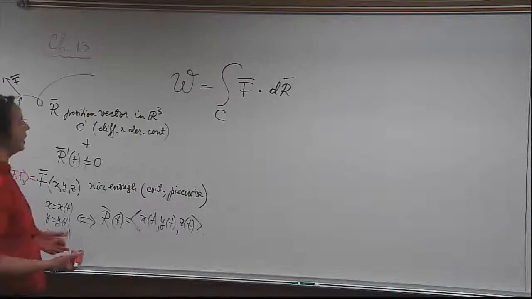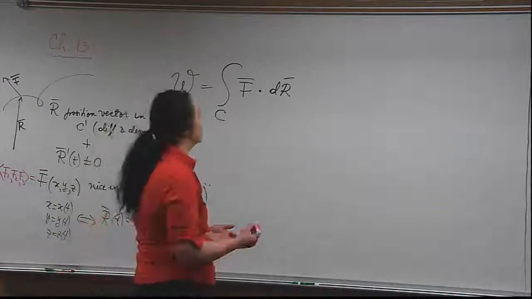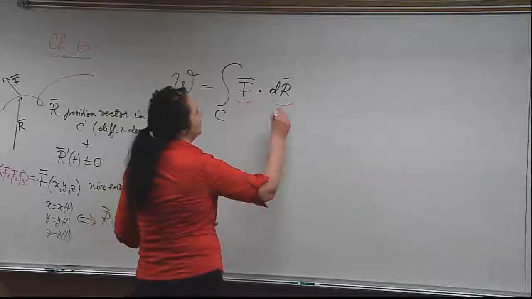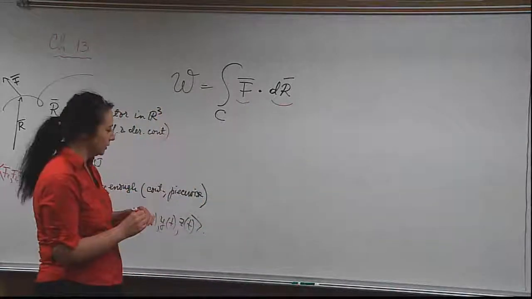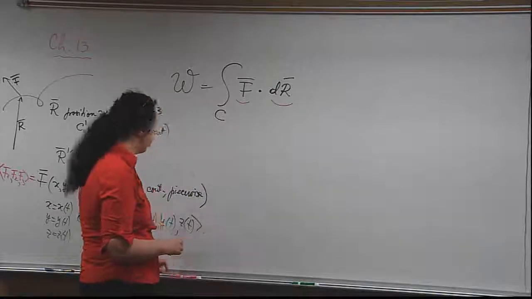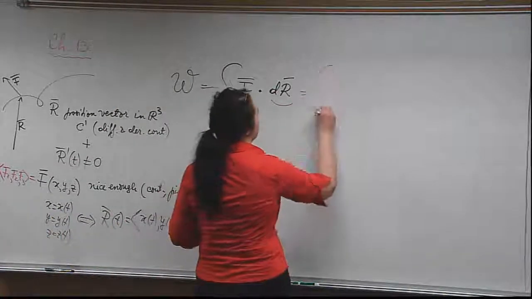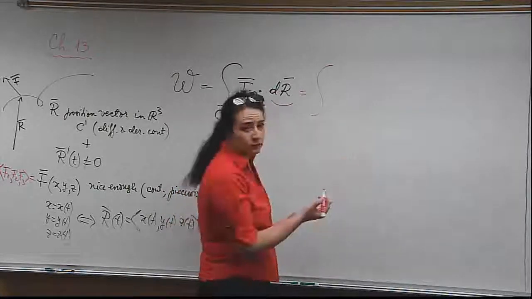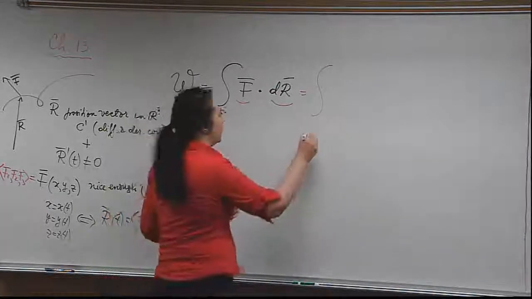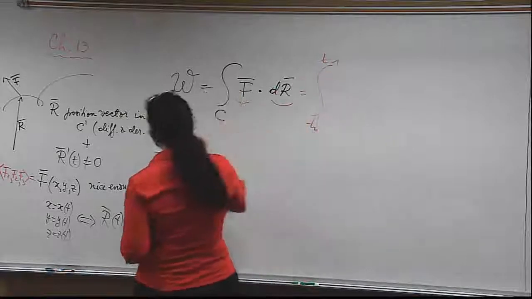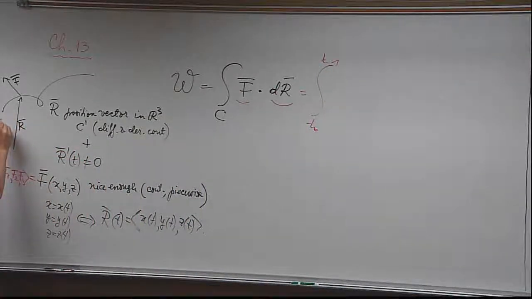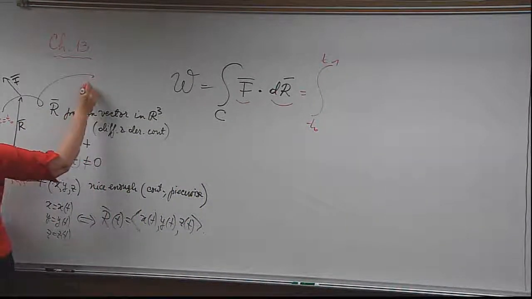So all in all, after you do all the work, keep in mind that when you multiply with the dot product, the integrand will give you what? A time integral? From a time t0 to a time t1, you are here at time t0 and you are here at time t1.